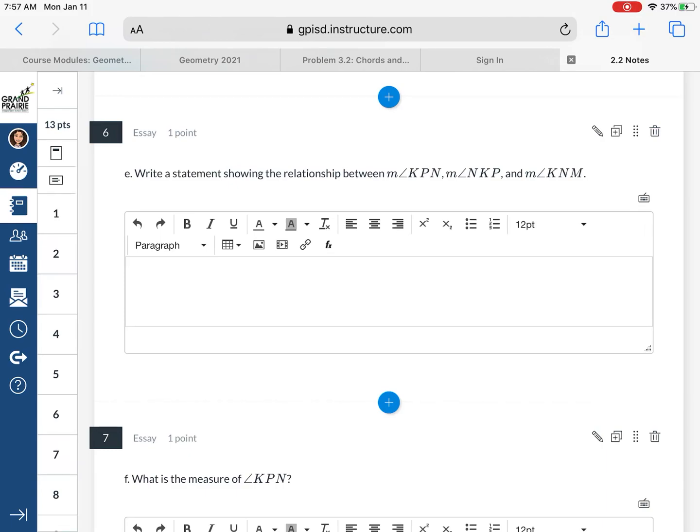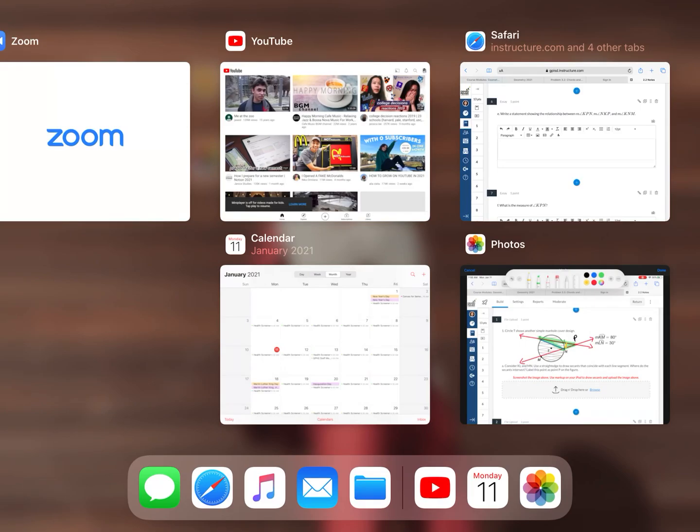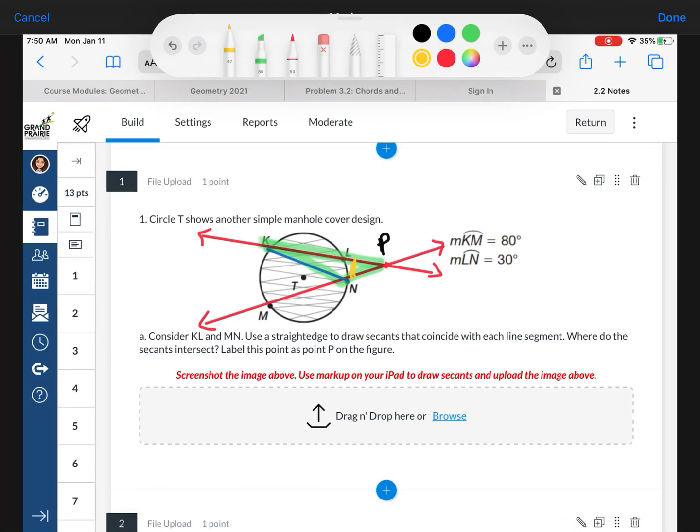So let's continue here with number 6. Write a statement showing the relationship between the measures of angle KPN, angle NKP, and angle KNM. So where are these angles?